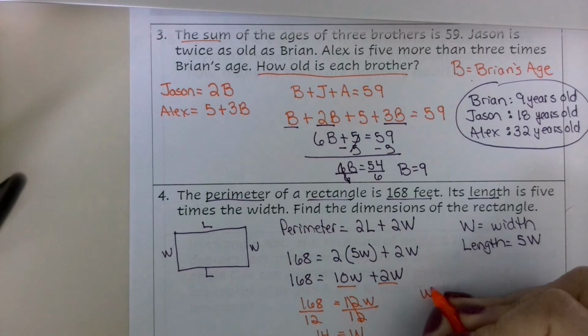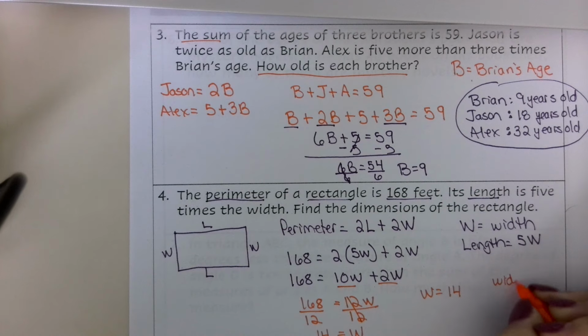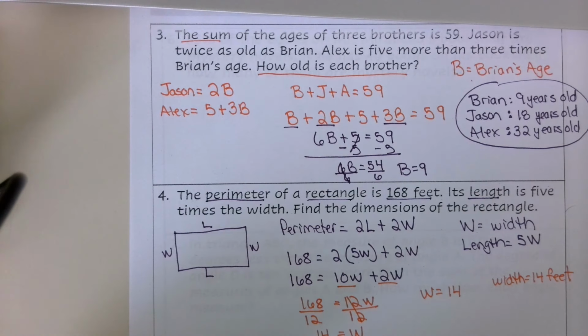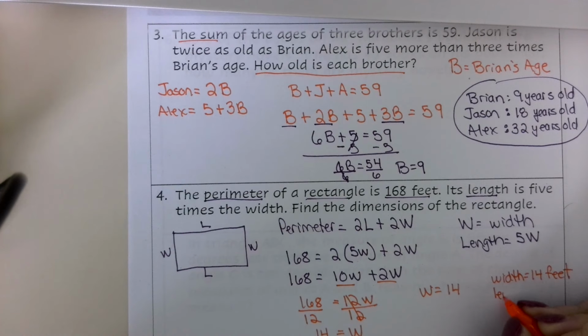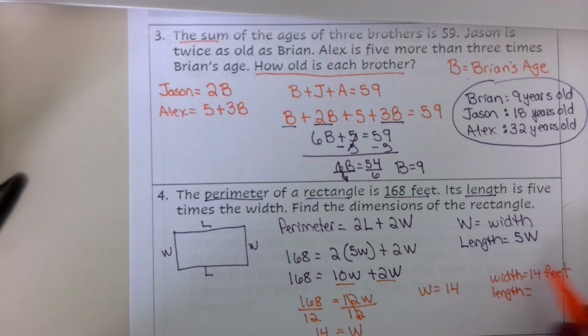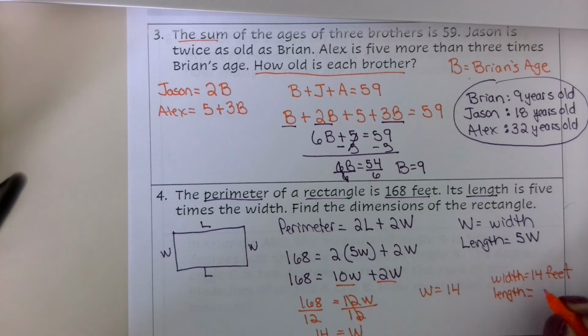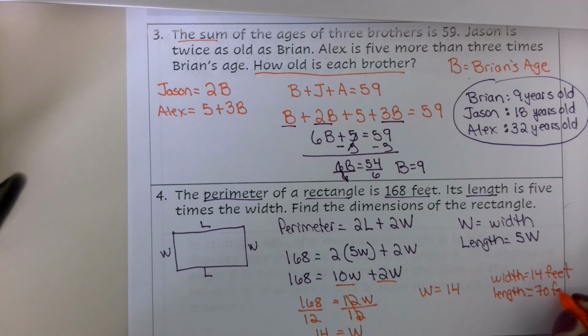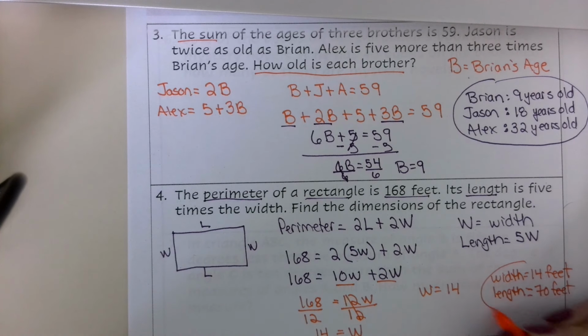So my width is 14. I'm going to just write that out. And you should label your answer, width equals 14, and the length is 5 times the width, so 5 times 14, which is 70 feet.